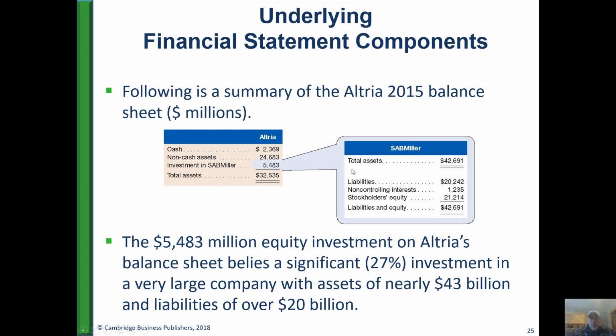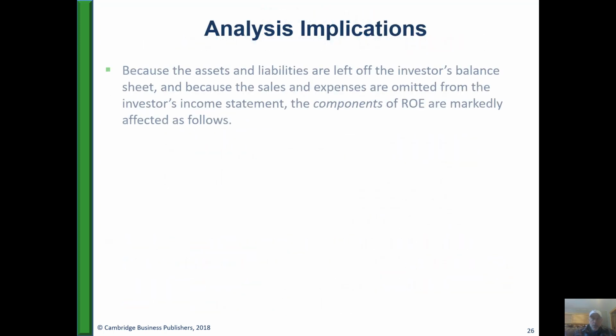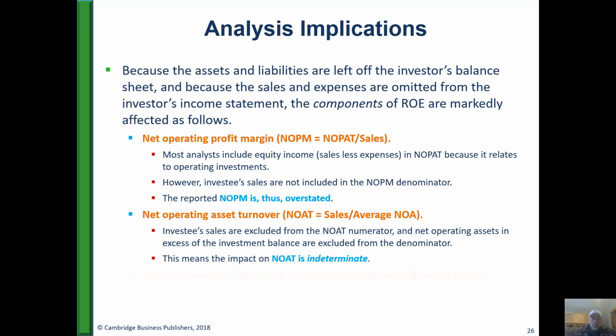When you zoom in, you can see that that investment was a partial ownership in total assets recorded on SAB Miller's books of $42 billion, liabilities of $20 billion, and liabilities and equities of $42 billion. So just another example of how that might be recorded. And there again, look in the footnotes and you'll get a full description on how that might be reported for your target company.